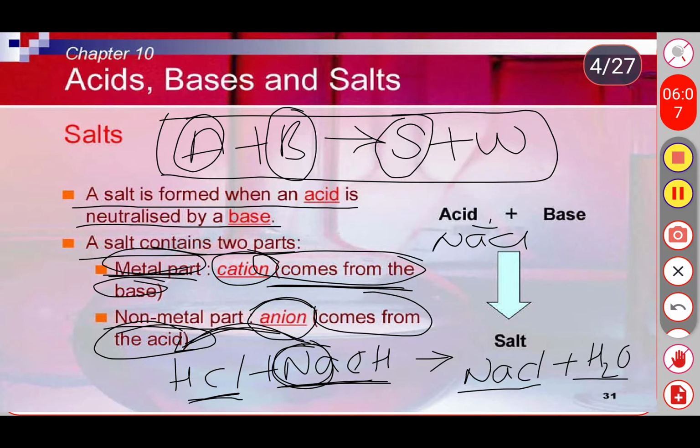Metal parts are usually cations, meaning positively charged ions, and non-metal parts are anions, meaning negatively charged ions. Here chlorine is the negatively charged ion and sodium is the positively charged ion.